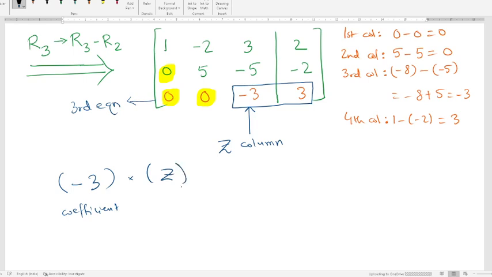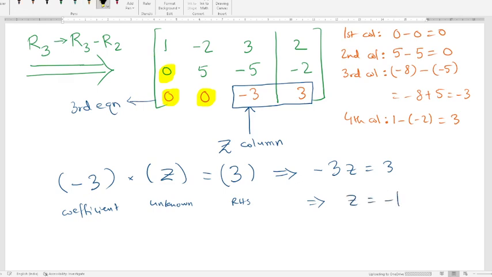The unknown is Z. And what is there on the right hand side? We have got 3, right? 3 is there on the RHS. So basically, we reconstruct this as negative 3Z is equal to 3. And from here, if we divide both sides by negative 3, we get Z is equal to negative 1. And that is one of the solutions, right? We have got the value of Z.